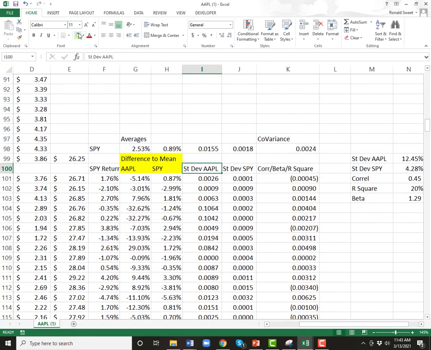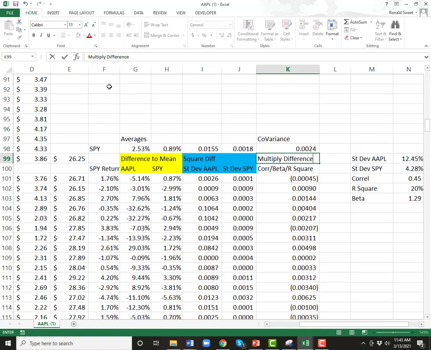For Apple, we take this, and SPY, we take the square of the differences. So we do that there. And for correlation, we multiply the differences.